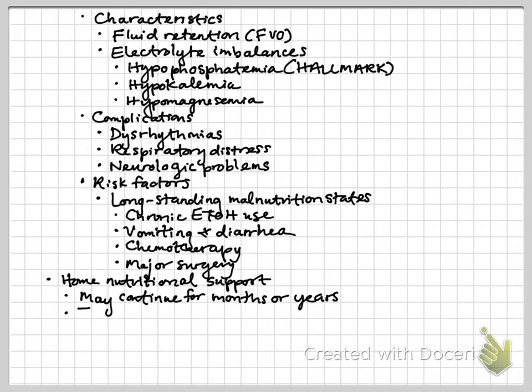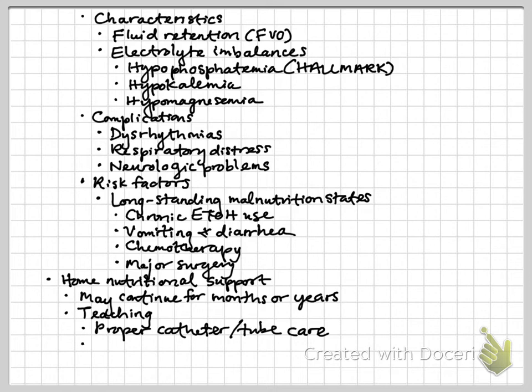It's important to teach the caregiver or the patient proper catheter and tube care. And it's really important to consider this because it is directly going into the patient's bloodstream, so we want to avoid infection.